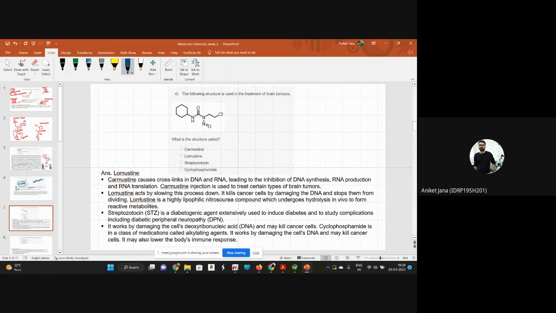Okay, so what is this structure? The following structure is used in the treatment of brain tumors. So what is this structure called? What is the common functional group in this structure?